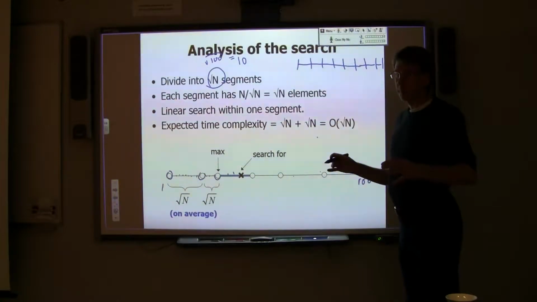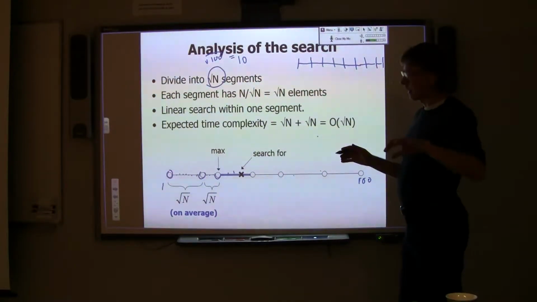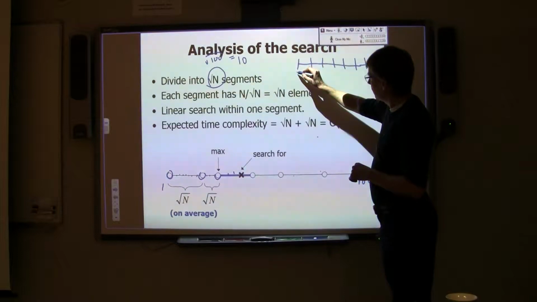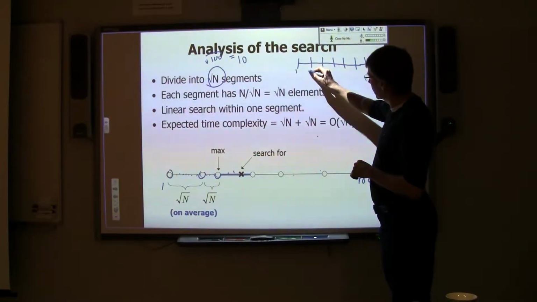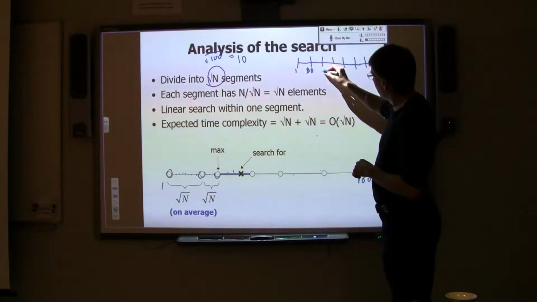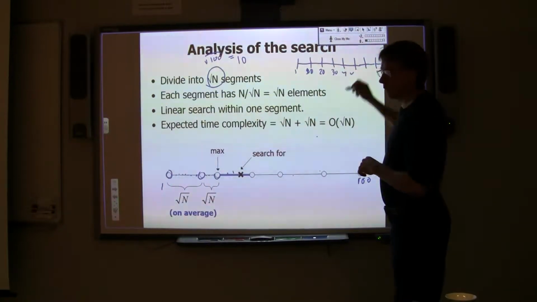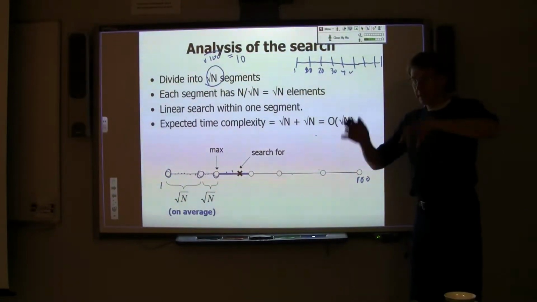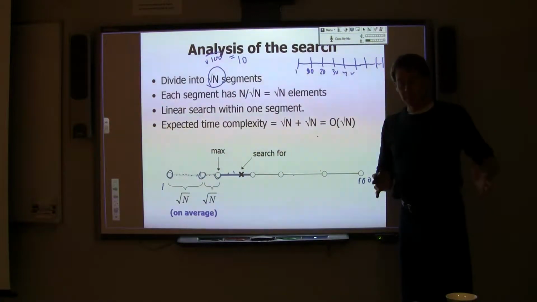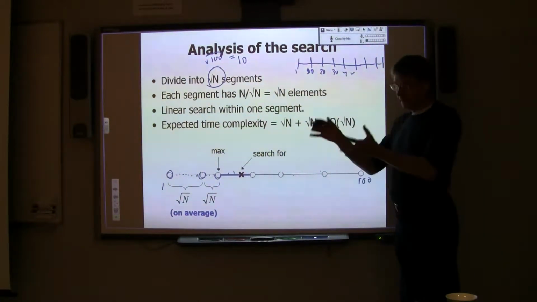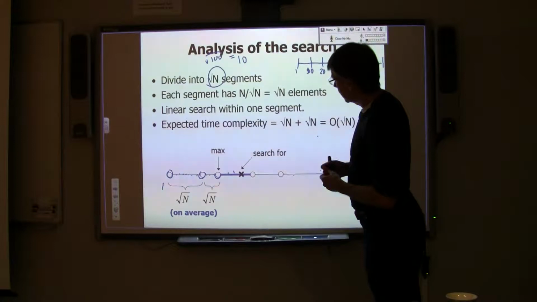Unfortunately, I don't know. I have to rely on randomness here. But if I know my first elements have the numbers 1 to 9, next one is 10 to 20, 30, 40, so all segments have exactly 10 elements. I have 10 segments and all of them have 10 items in it.